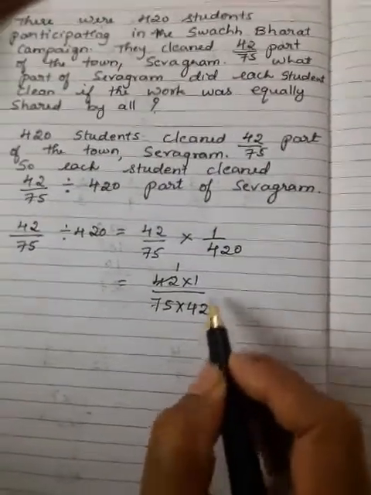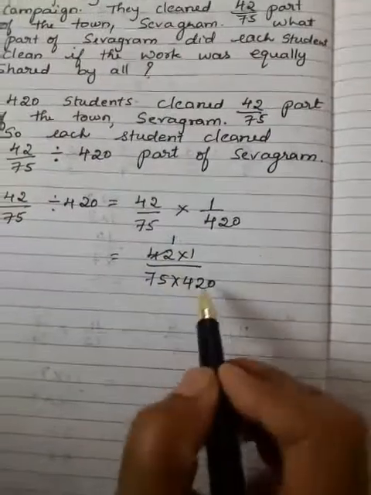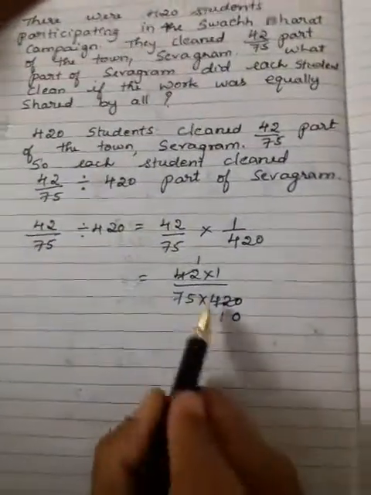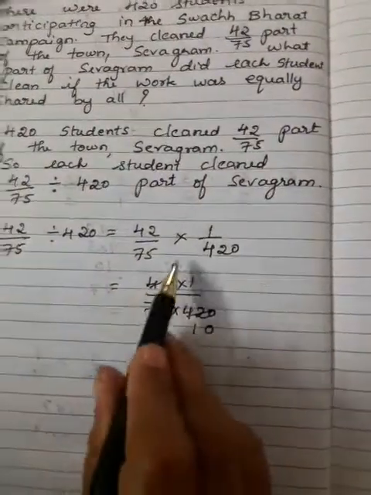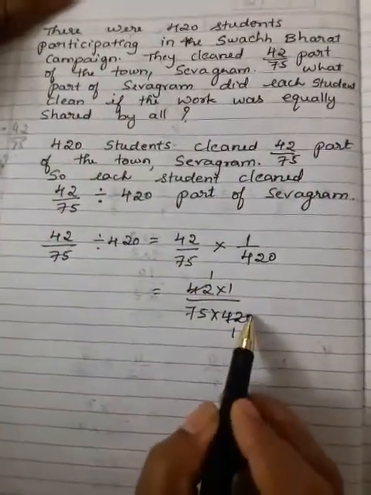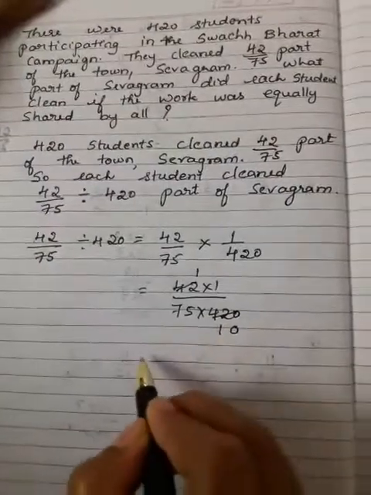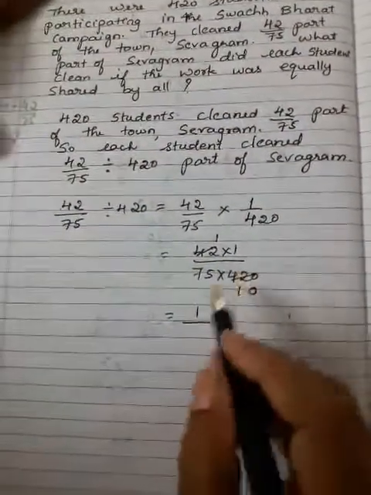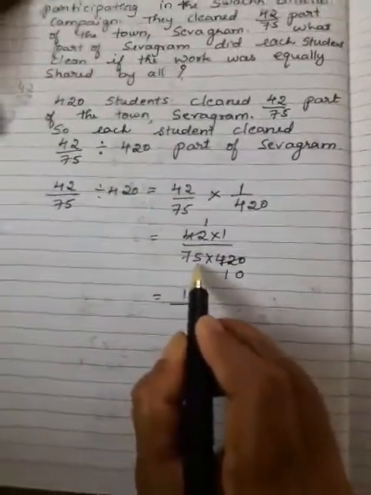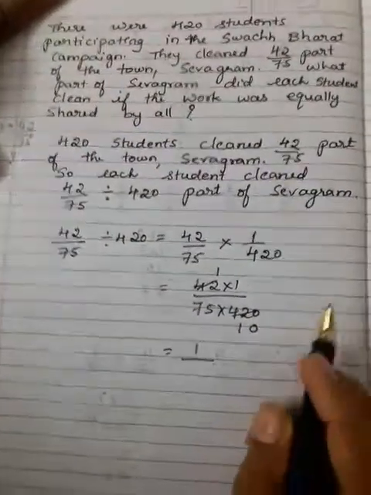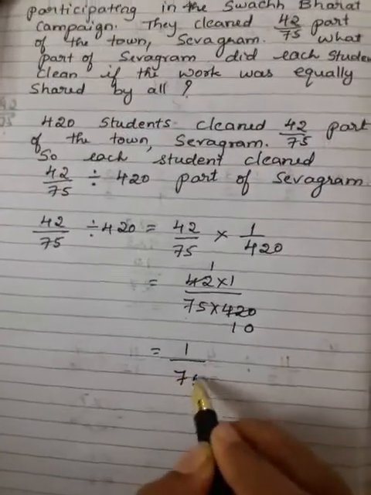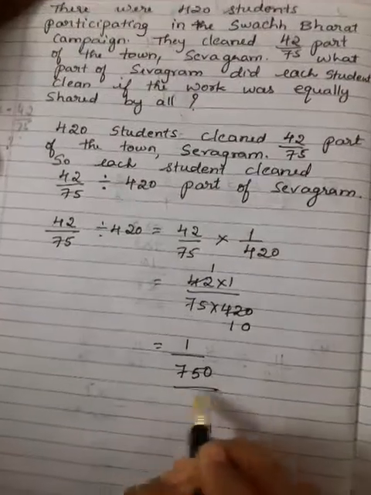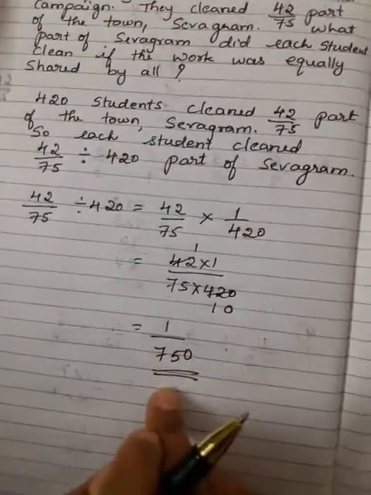Divide by 42 and write the quotient. 42 ones are 42, 42 tens are 420. This method you understood. Cancel and write 1 over there. Now what is left in the numerator? 1 into 1 is 1. And in the denominator, 75 into 10 is 750. We can't divide further, so this is the answer, 1 upon 750.